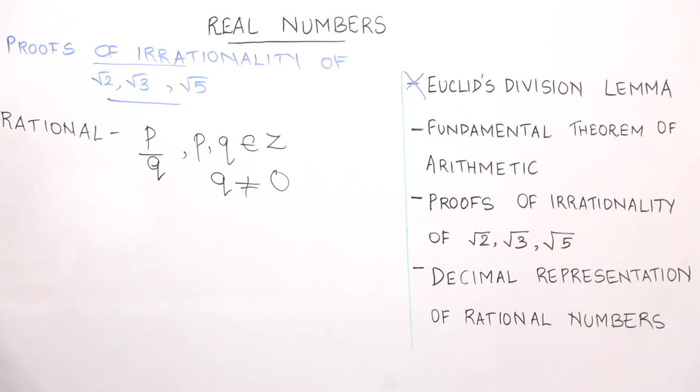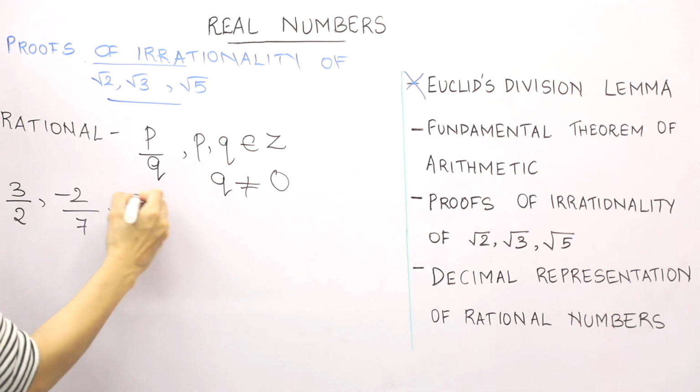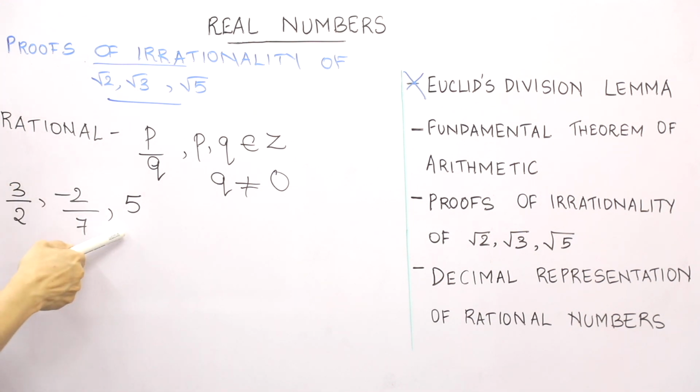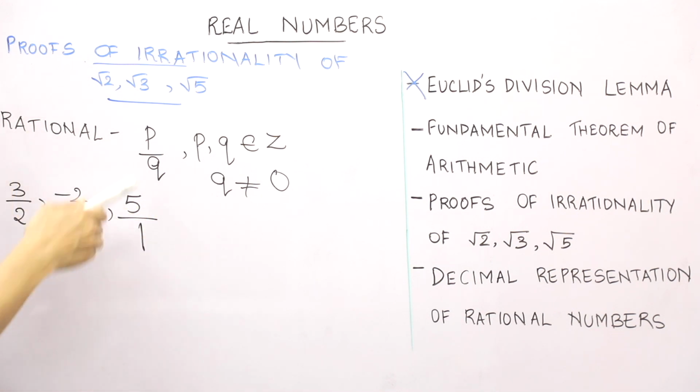Let us look at a few examples. 3 by 2 is a rational number. p by q, 3 and 2 are integers. Minus 2 by 7 is also a rational number. Minus 2 is an integer, 7 is an integer. What about the number 5? 5 is an integer, but it is also a rational number because it can be expressed as 5 by 1, which is again in the form p by q.